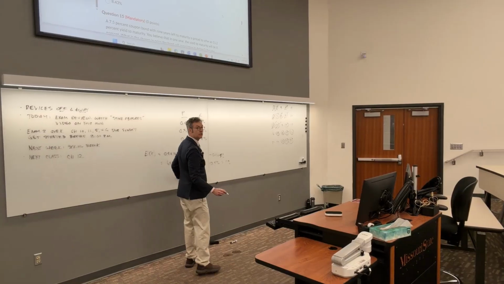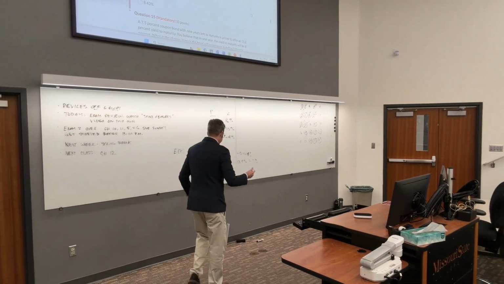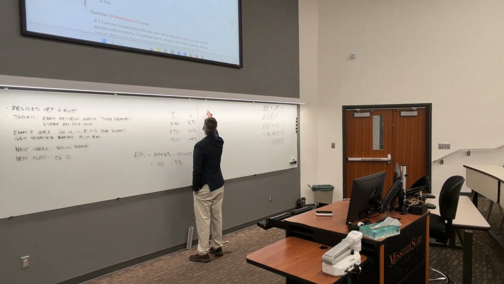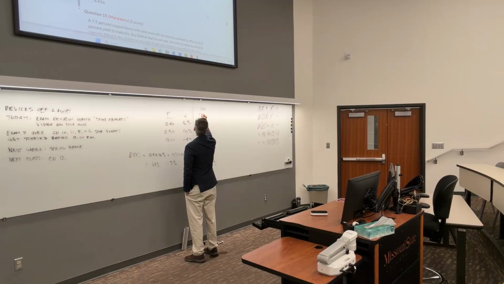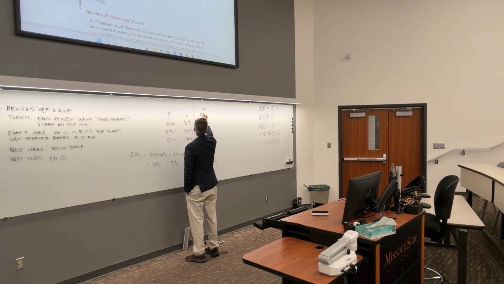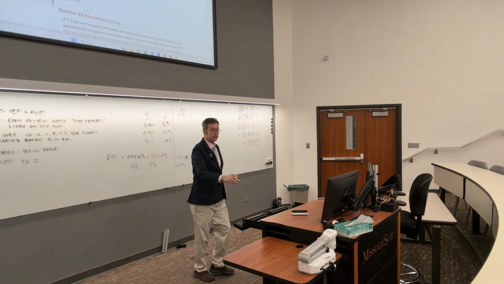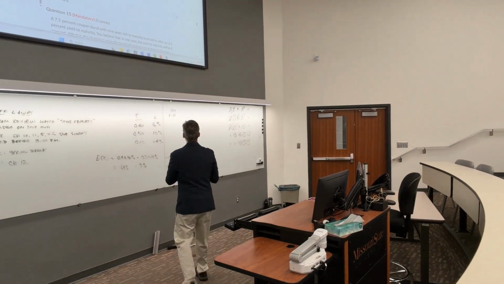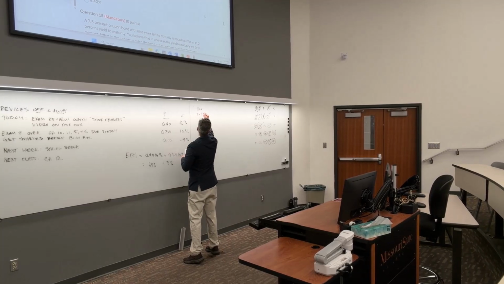Is that correct? Okay, now, how we're going to work this, we're going to find this deviation, which is the return minus the expected return. Return minus the expected return.